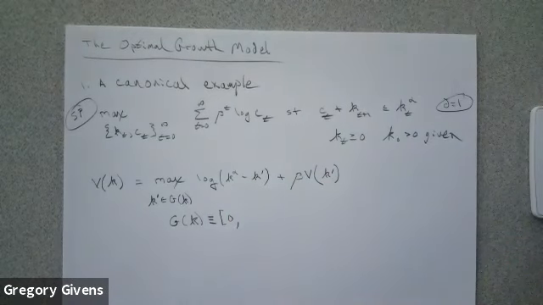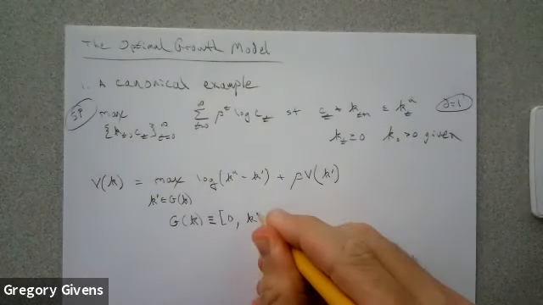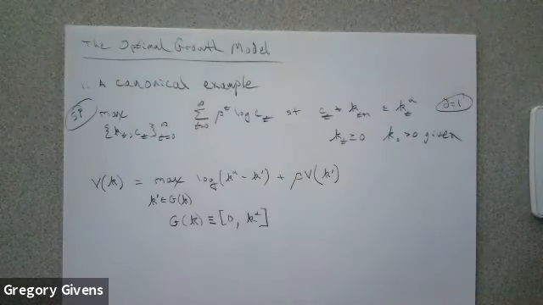What's the highest value that K prime can take? K to the alpha. So the value of the state determines the range of possible values for K prime. K prime has to live somewhere on this closed and bounded interval. That's effectively what constrains the planner here.